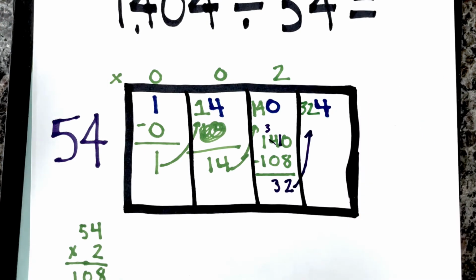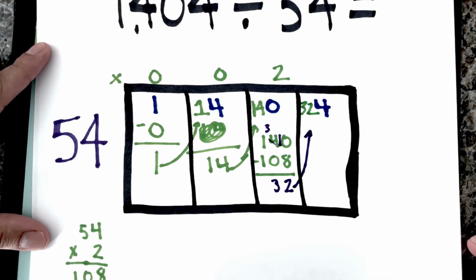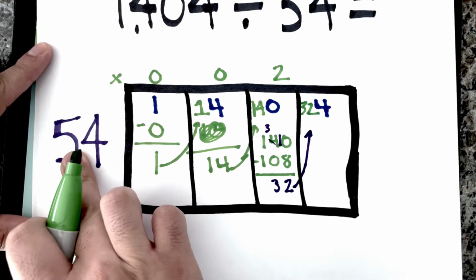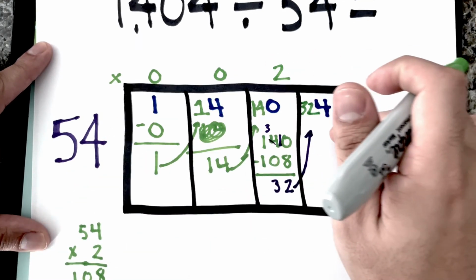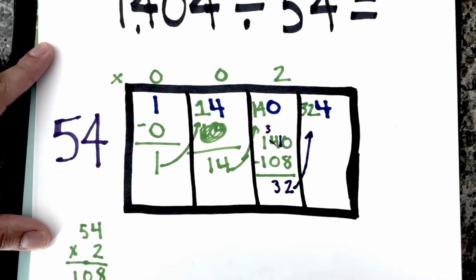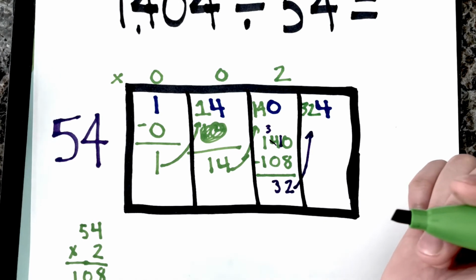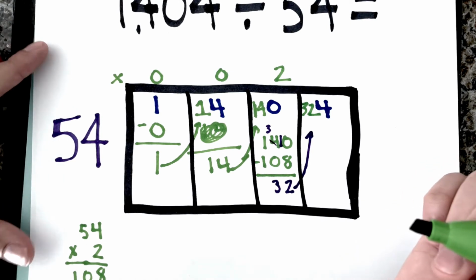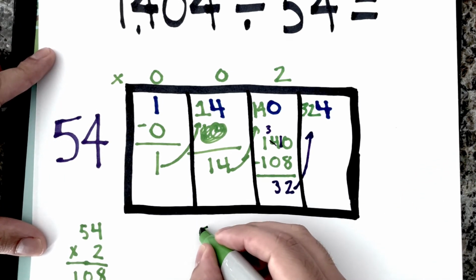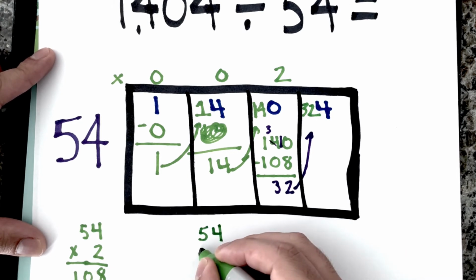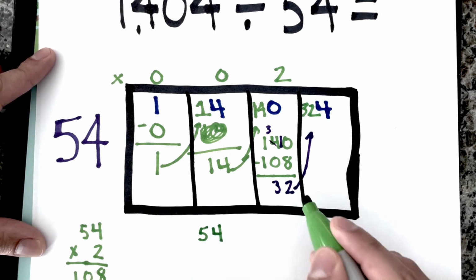And we now have the number 324. So now we need to see how many times 54 can go into 324. Let's see here. I know 5 times 6 is 30, which is very close to 32.